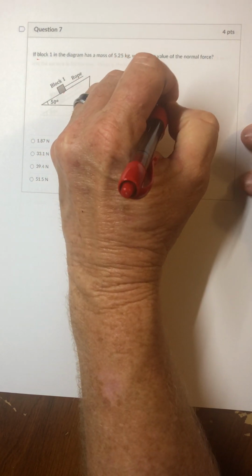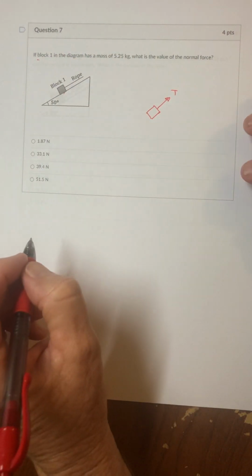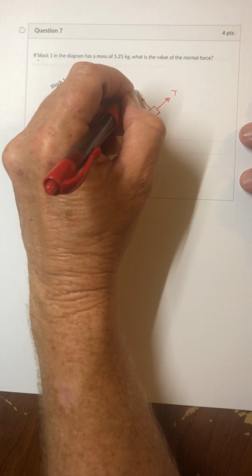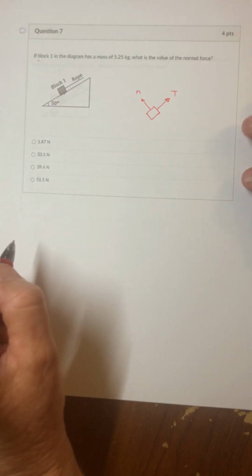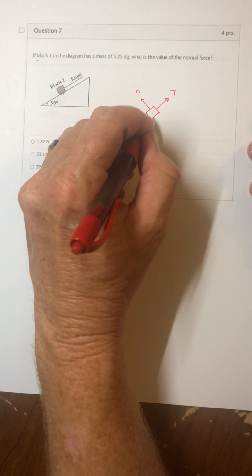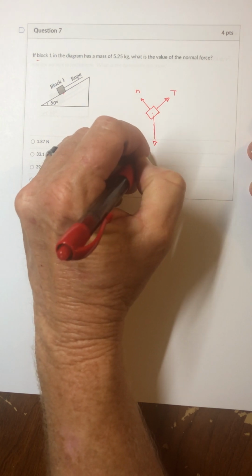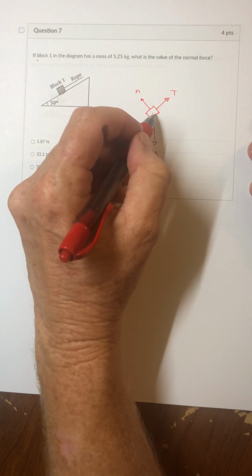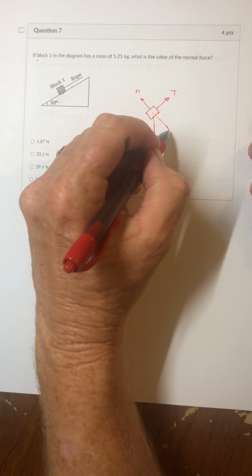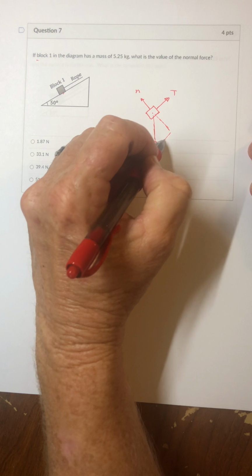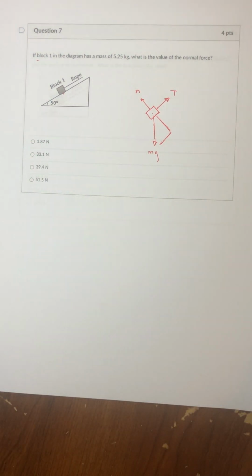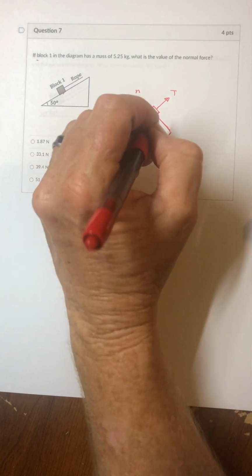I'll do up the hill with a tension. There would be a normal force here. There would be the force of gravity, mg, which we can divide into its components, and that's probably the hardest piece of things on a hillside here.